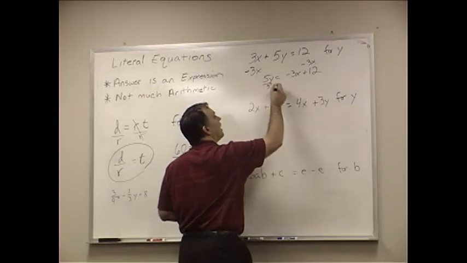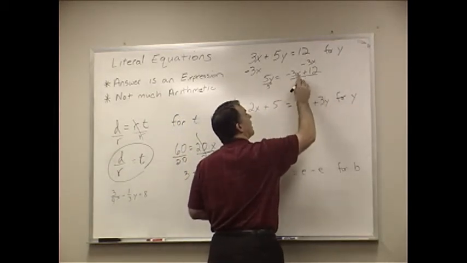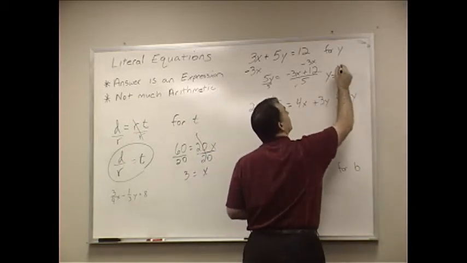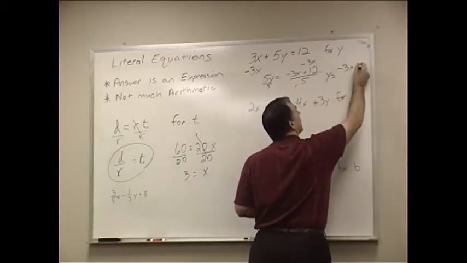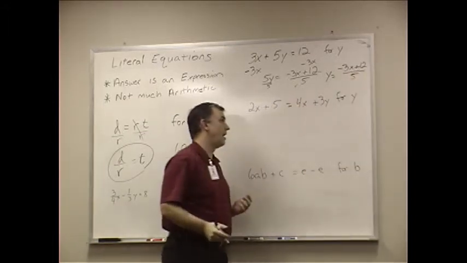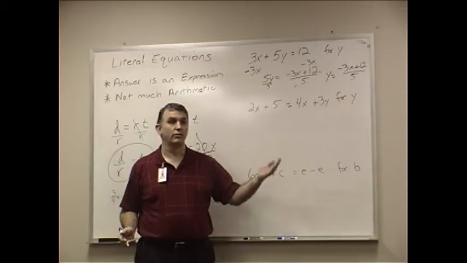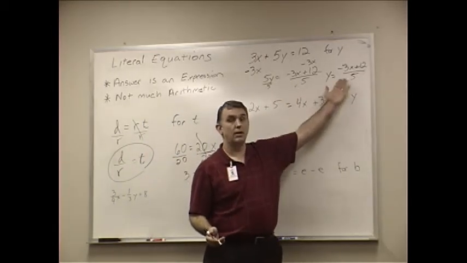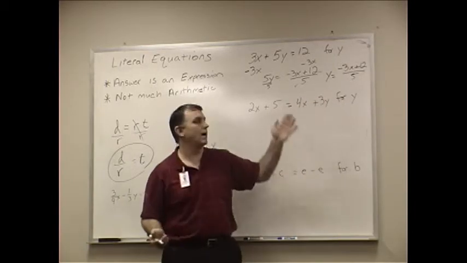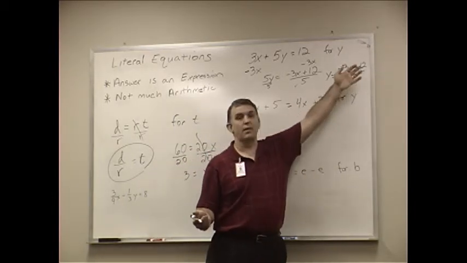Now we're going to divide by 5, divide by 5, and we're going to get y equals negative 3x plus 12 divided by 5. Again, notice, did we do any real arithmetic? Yeah, we had to multiply and divide each side by 5, but there was really nothing we could do there.